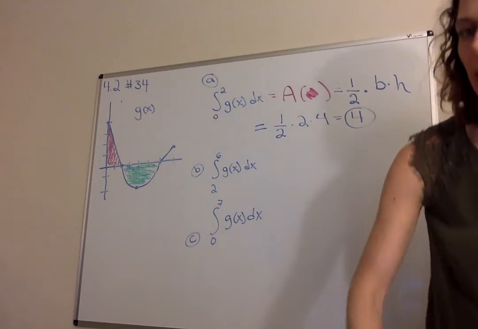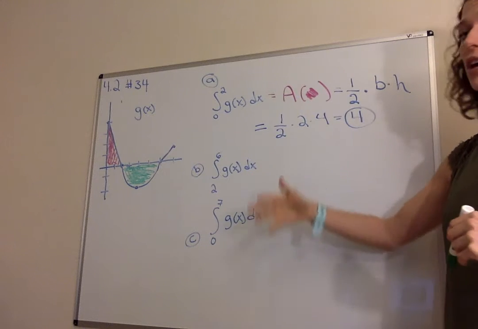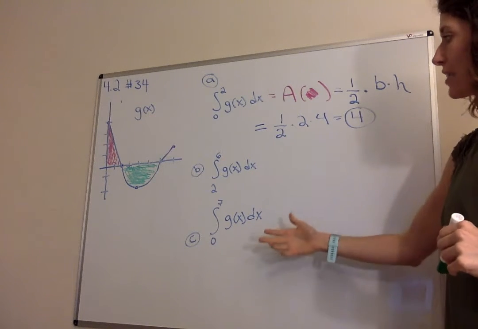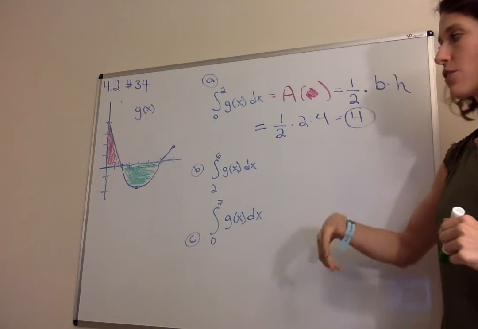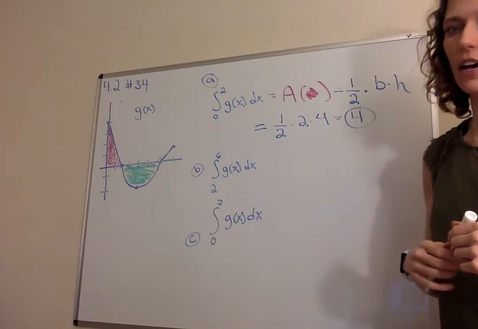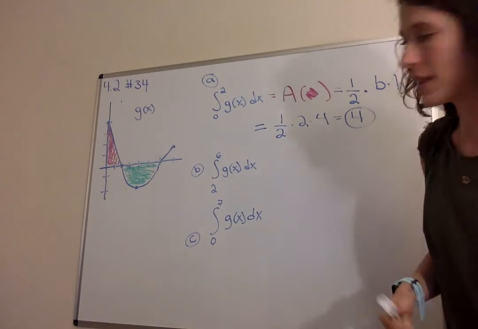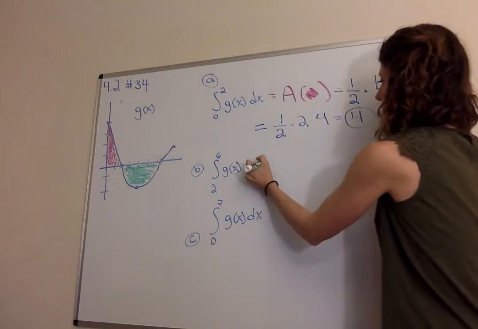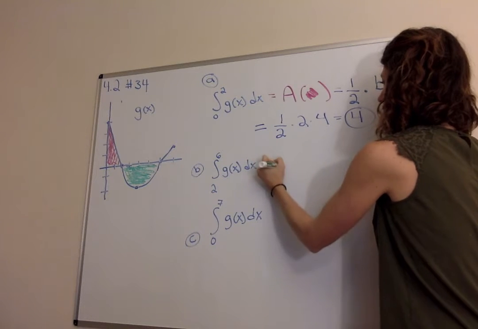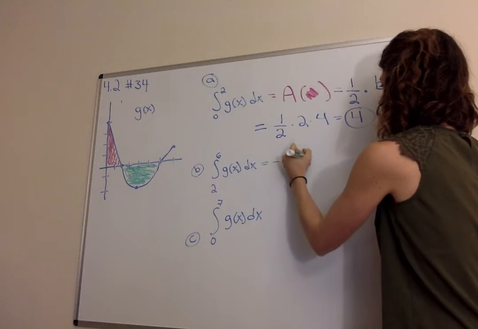Because that green shaded area is lying below the x-axis, for our definite integral we actually have the negative of the area of that half circle. So I'm going to say equals negative the area of the green part.